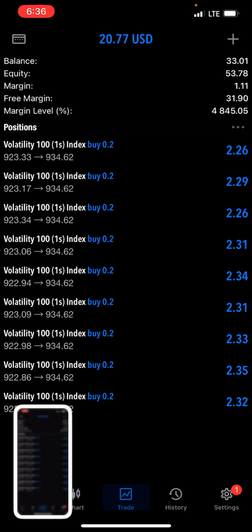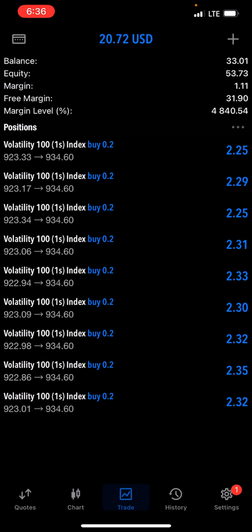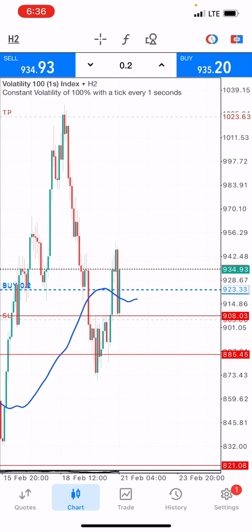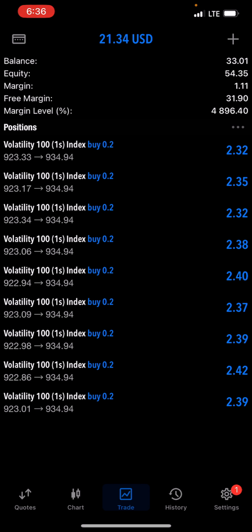If I'm losing everything here, I'll be losing around $30. So that's why I put the SL here. This is how I do my trading, which means I'm risking $30. So if the market goes against me, I'll be losing $30.